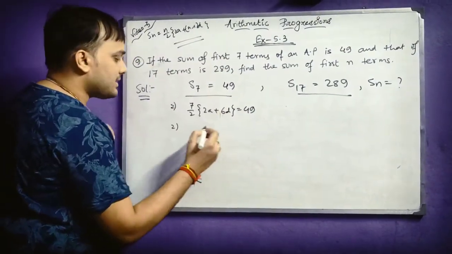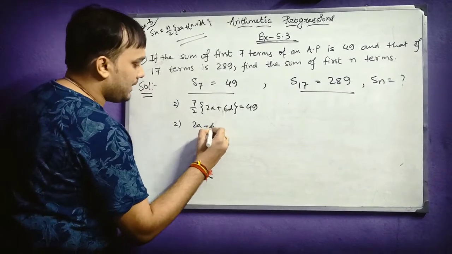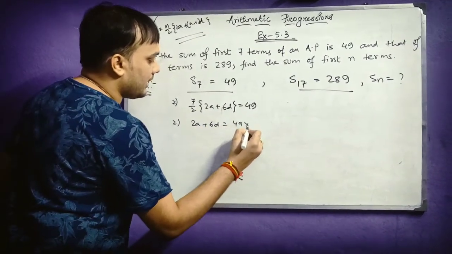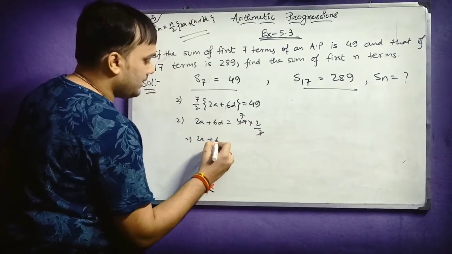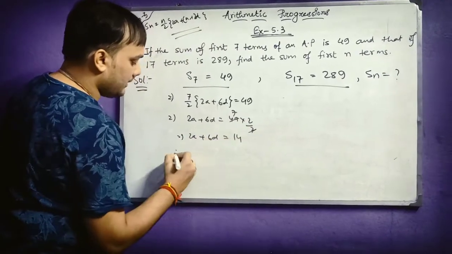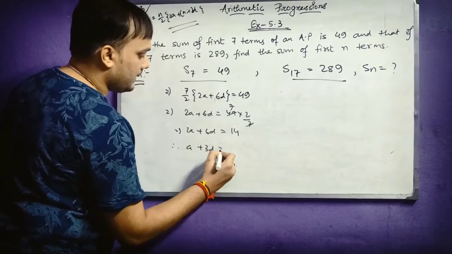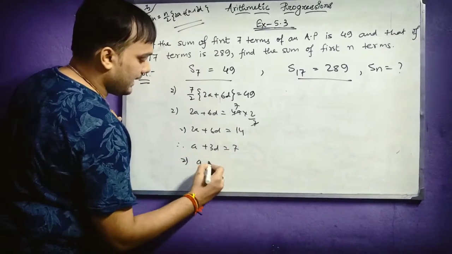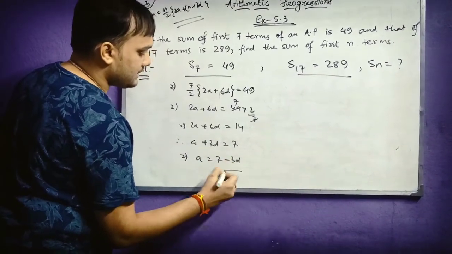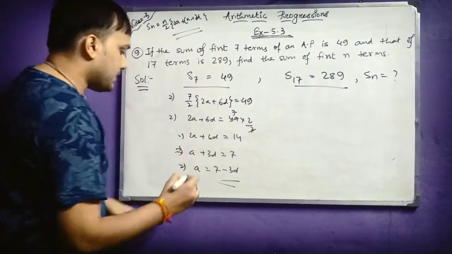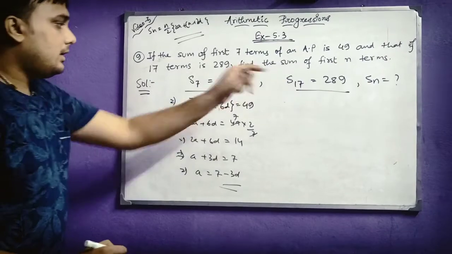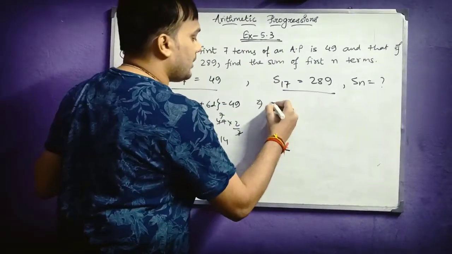So you can see it will be 2a plus 6d equals 49 into 2 by 7. That means 2a plus 6d equals 14. Therefore a plus 3d equals 7. So we will get a equals 7 minus 3d. Okay, so a is equal to how much? 7 minus 3d.